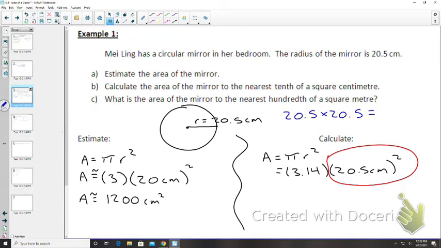Let's see, 20.5 squared gives us a value of 420.25.